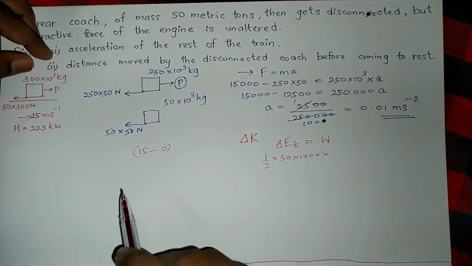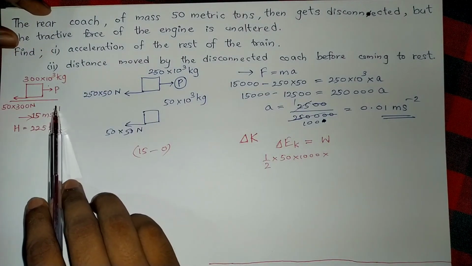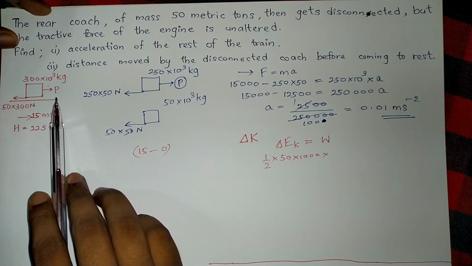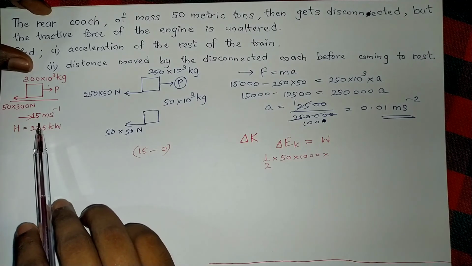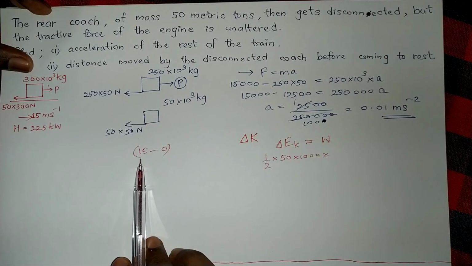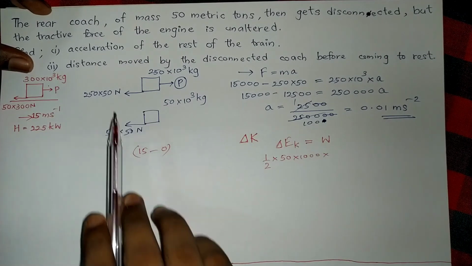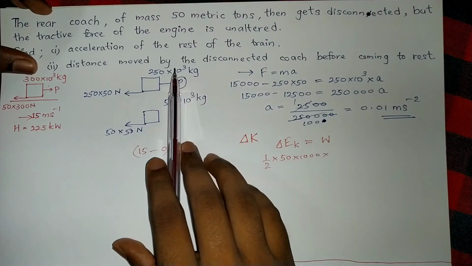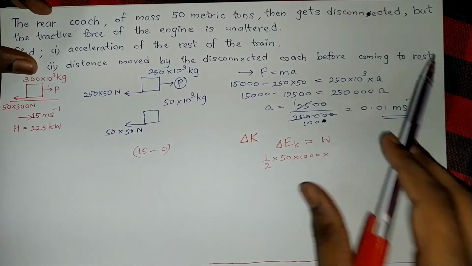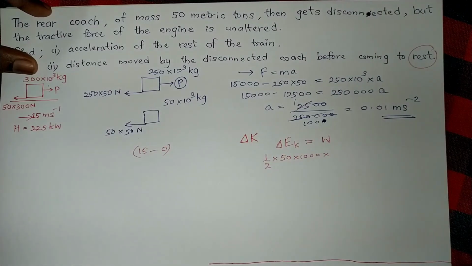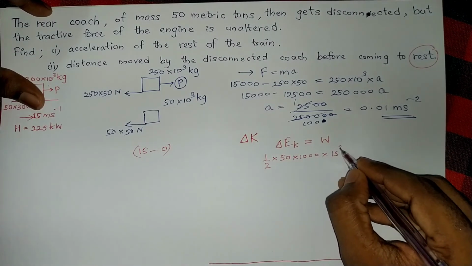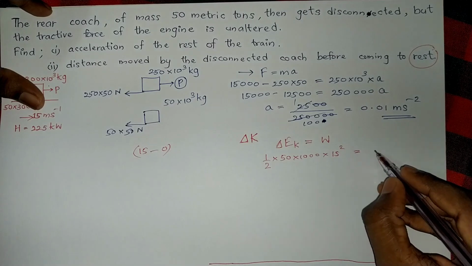Why? Initially the train was traveling at a speed of 54 kilometers per hour, which we converted into meters per second. It was 15. Now we have to find the distance moved by the disconnected coach before coming to rest. That means when it reaches zero velocity. So the change is 15 minus 0, 15. So 15 square equals work done.